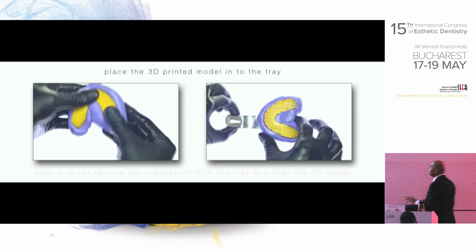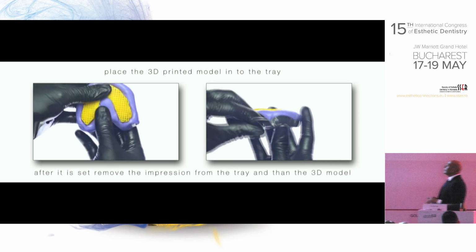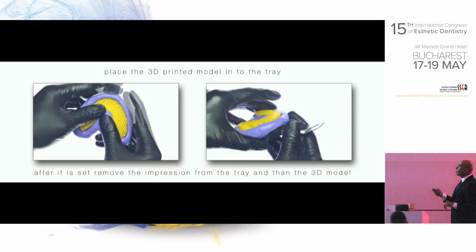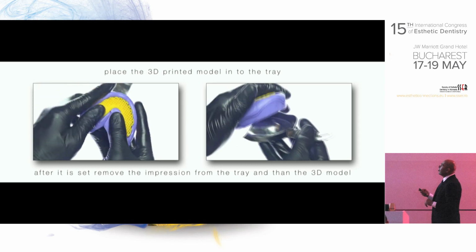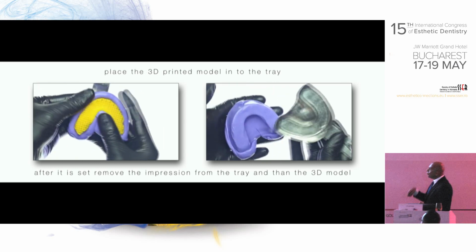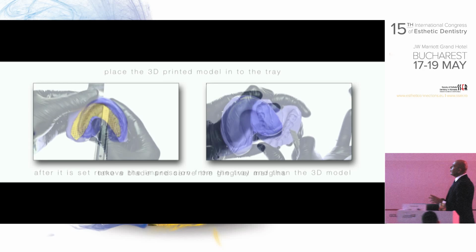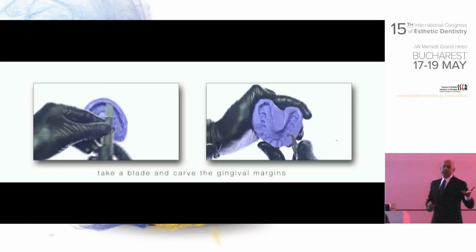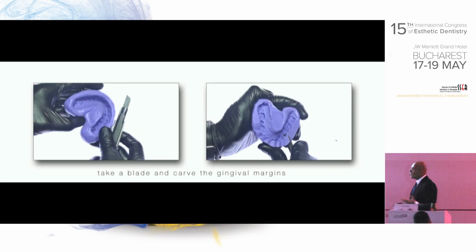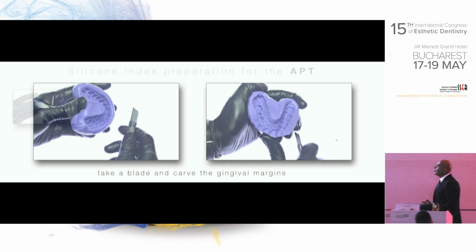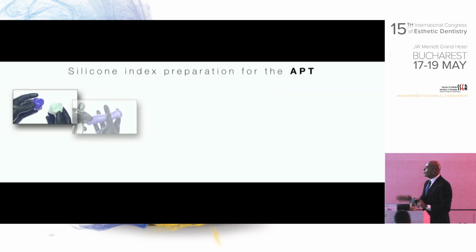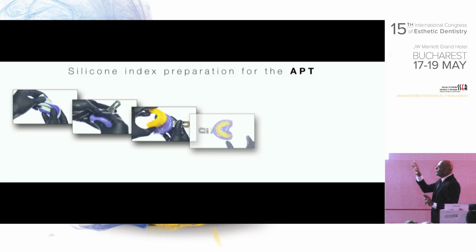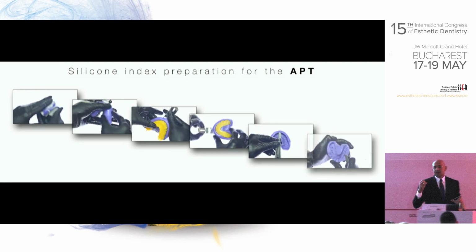And once everything is set, then we will take the impression from the tray and then the model from the impression. And then basically start shaping the margins. It's just up to you on how precise you want to be. So these are the basic steps that you will do after you get the 3D printing.